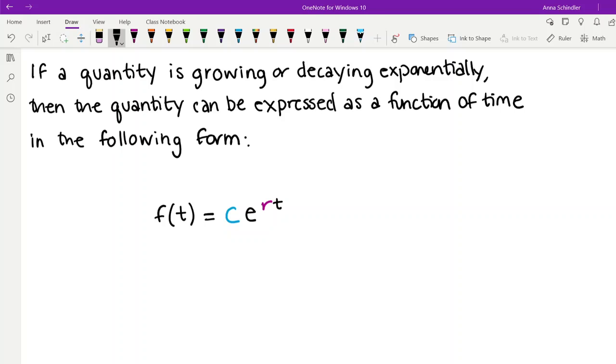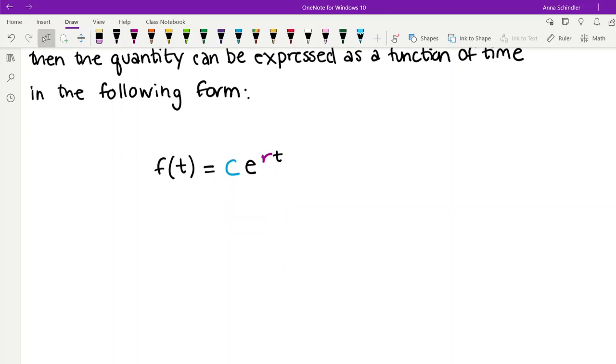The e is going to stay there. It's just the number e, and then t is your variable. So let me write down what each of these mean. So c is the initial amount. So, whatever you're measuring, if you're measuring population or the temperature of something, it's like your starting point.